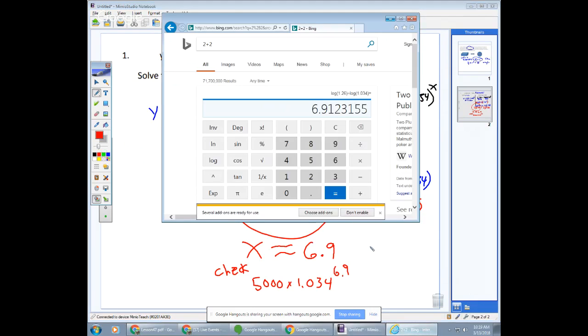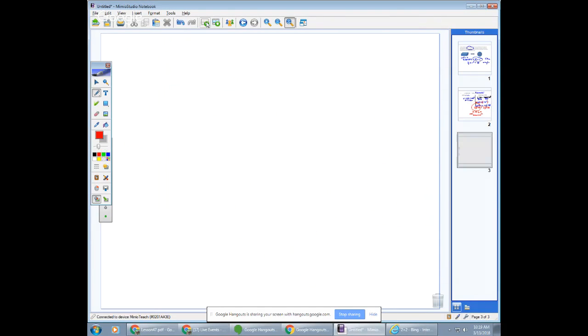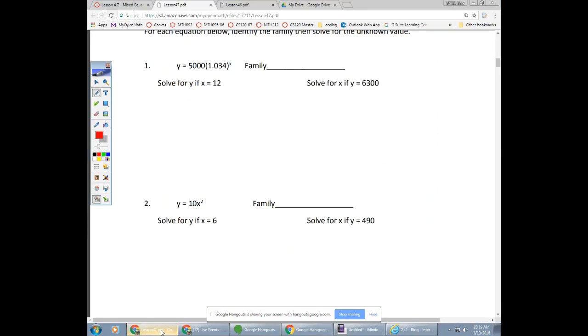So I'm just going to double check here. 5,000 times 1.034 raised to the power 6.9-ish. Calculator says, yeah, it's pretty close to 6,300. Okay, and we rounded. If we wanted the closer answer, we'd include more decimal points, 6.9 something. All right, not so bad. Let's do another one. Number 2.